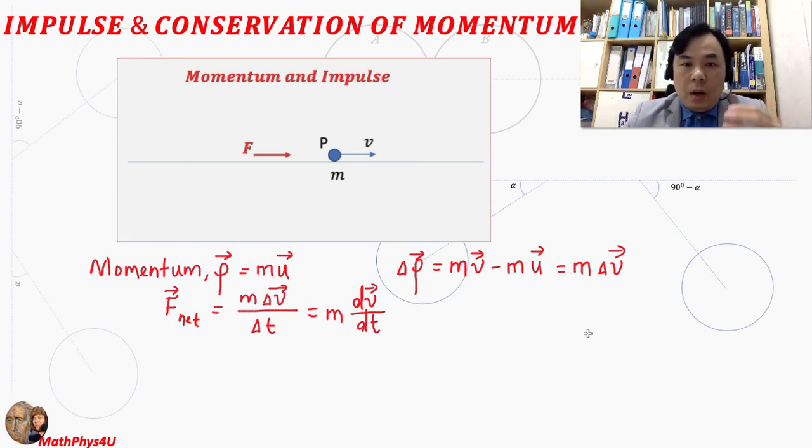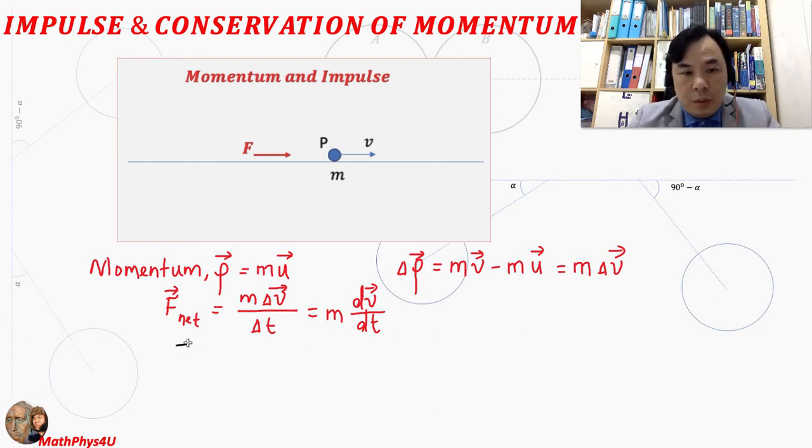Now on top of momentum and change in momentum, I'm going to show you the next quantity, which is known as the impulse. The impulse can be written in the simplest form.